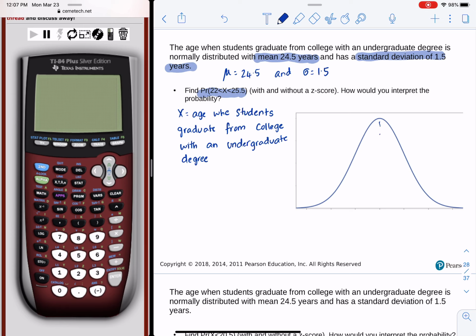So we know that the mean is 24.5 and the standard deviation is 1.5. So 22 is probably somewhere over here. You don't have to be exact, we're just looking for approximate locations, and 25.5 is perhaps over there. And what we are trying to find is the area between those 2 points.